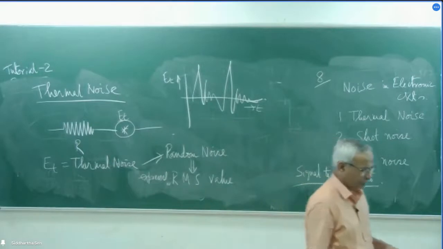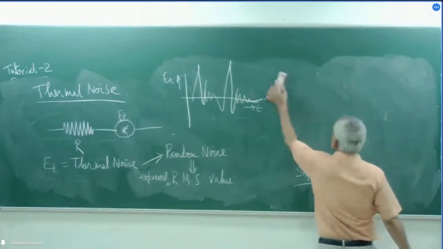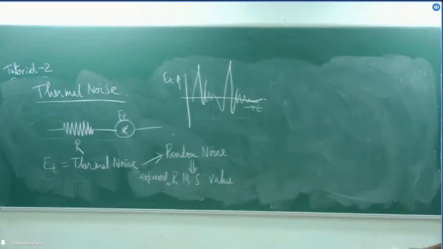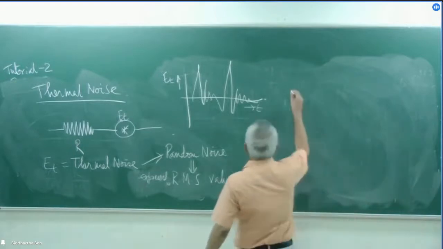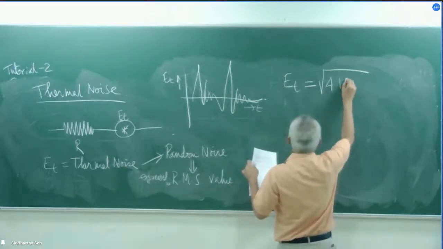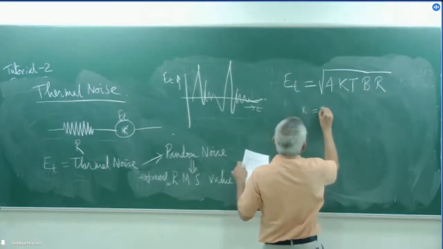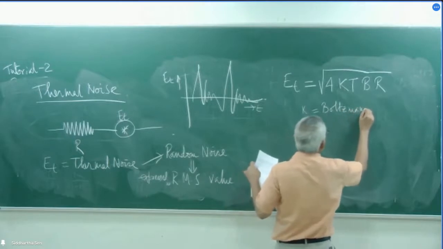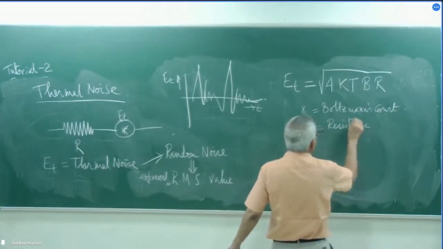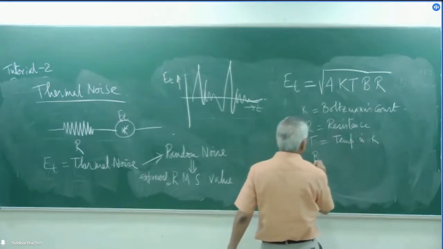We always express ET in RMS quantities. If we express it in RMS quantity, we have an expression that this RMS value ET is equal to the square root of 4 K T B R, where K is called Boltzmann's constant, R is the resistance, T is the temperature in Kelvin, and B is the bandwidth.